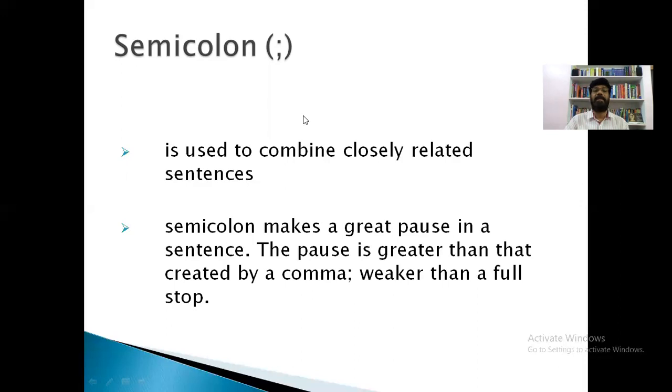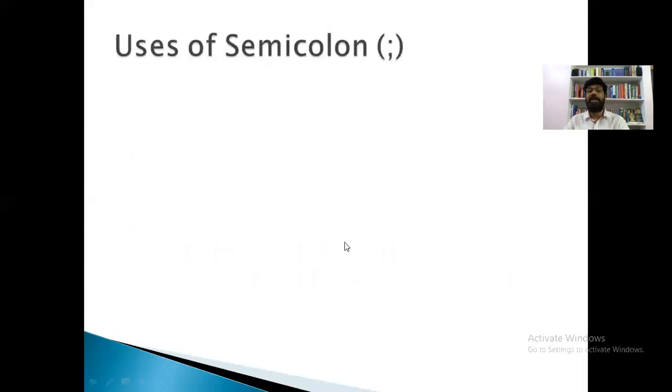So semicolon is used for giving a pause that is greater than that created by a comma, weaker than a full stop, and semicolon is used to combine closely related sentences.